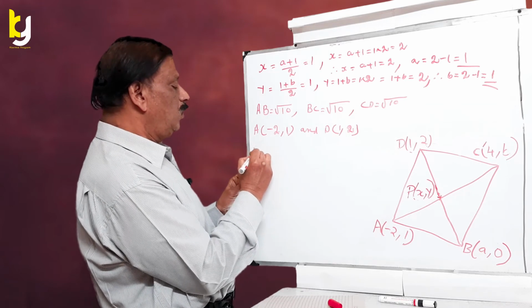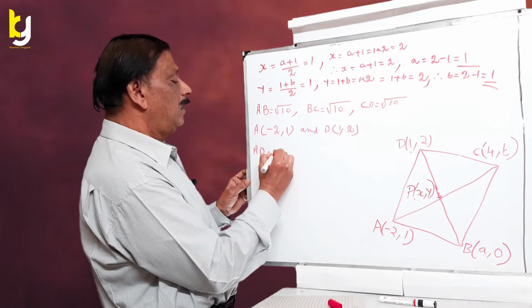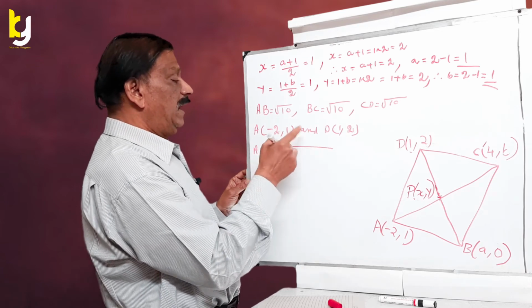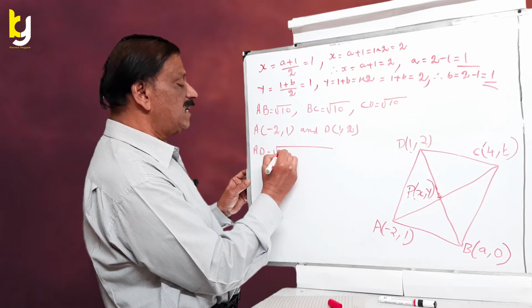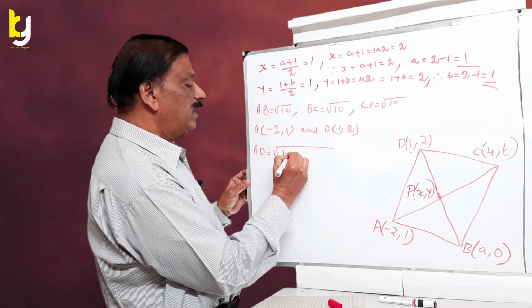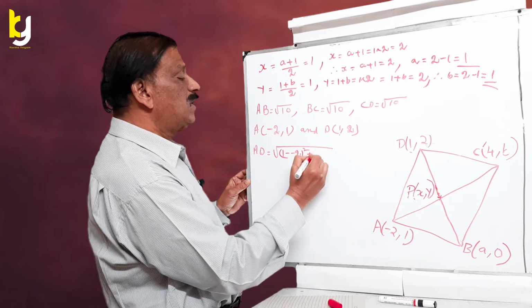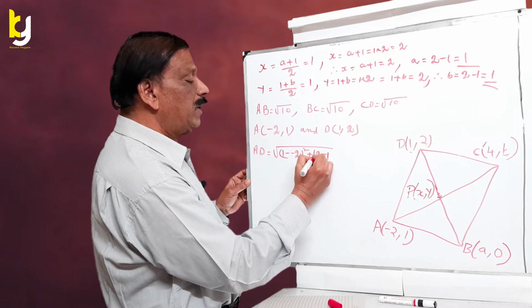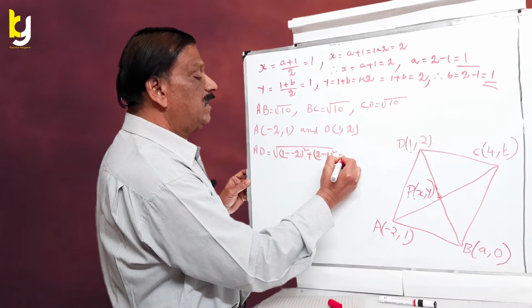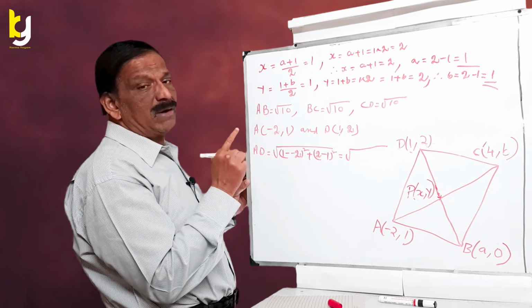Therefore AD equals root of, this is x1 y1, this is x2 y2, root of x2 minus x1 whole square, 1 minus minus 2 whole square, plus y2 minus y1 whole square, 2 minus 1 whole square. That is equal to root of 1 minus minus 2, that is 1 plus 2.